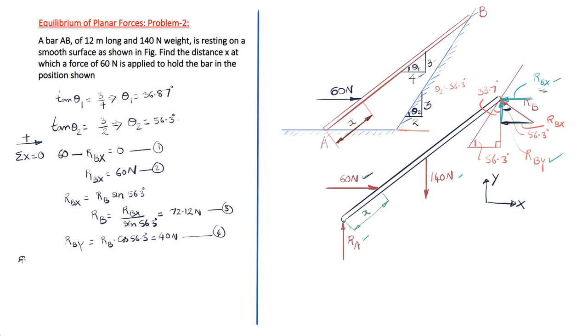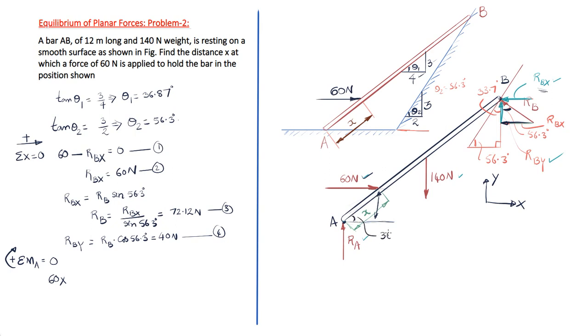So we will take sigma MA equal to 0, and we will consider the clockwise moment as positive. So we can calculate the moments about point A. The first force is 60 Newton, and its distance from the moment center is this distance here, which is x sine this angle.